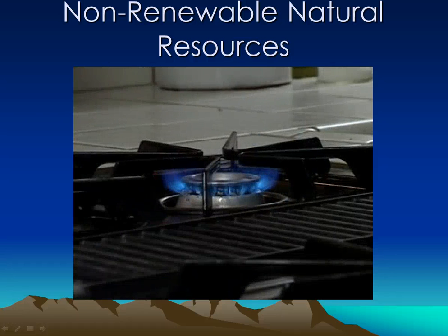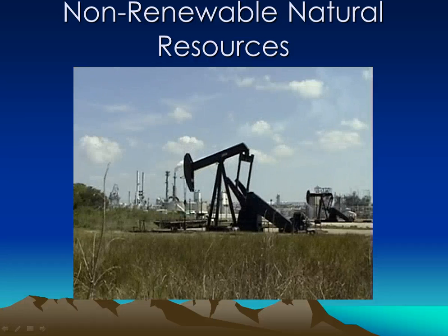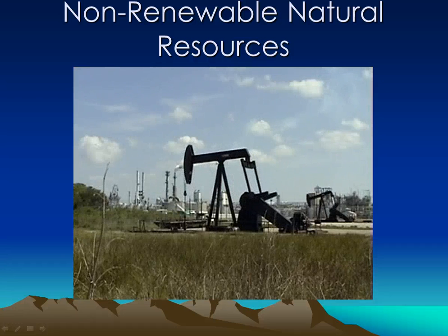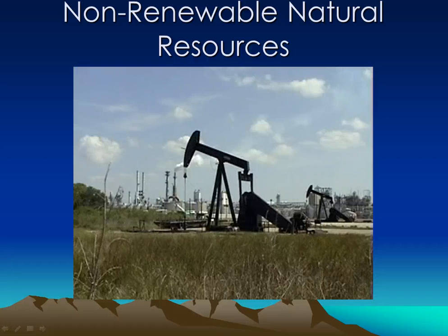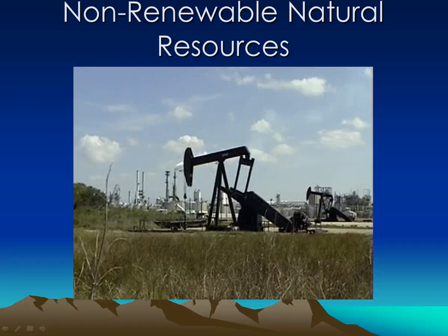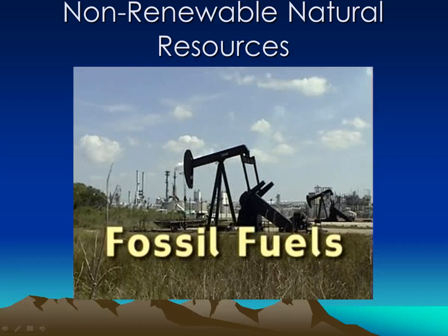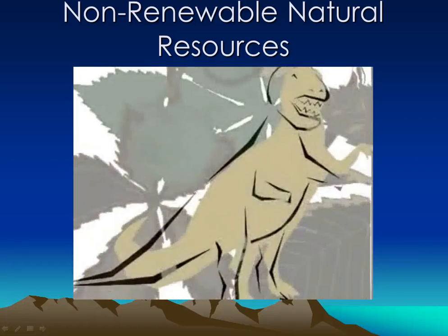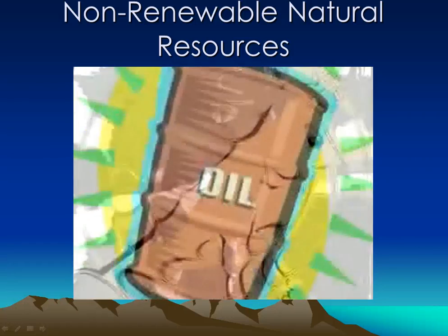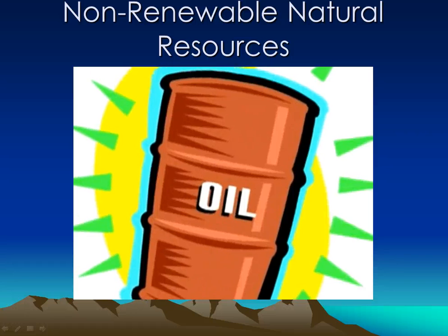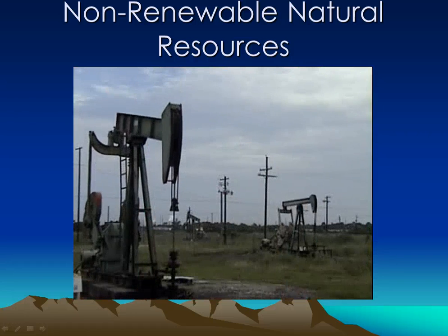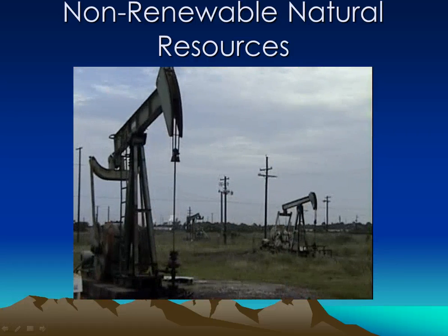Today, we use mostly oil and natural gas for energy. Oil and natural gas are both non-renewable natural resources. Like coal, oil and natural gas are fossil fuels. They were formed from the fossils of animals and plants that were buried millions of years ago. Oil and natural gas are found in rocks under the Earth's surface.